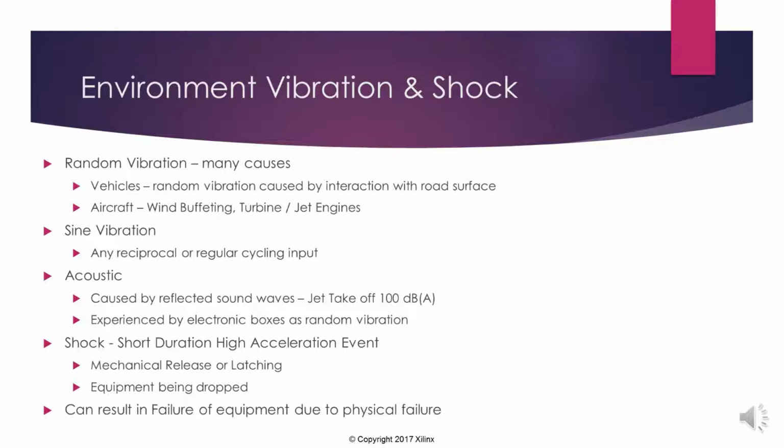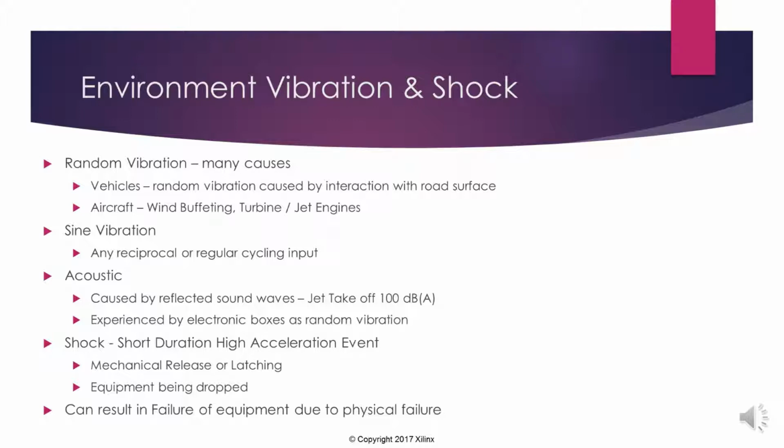Sinusoidal vibration is slightly different in that it is caused by anything that has a reciprocal or regular cycle, things like a Stirling engine in a thermal imaging cooler, perhaps, or a turbo pump in a rocket engine. The one that not many people necessarily consider is that you can also get vibration caused by acoustic events.